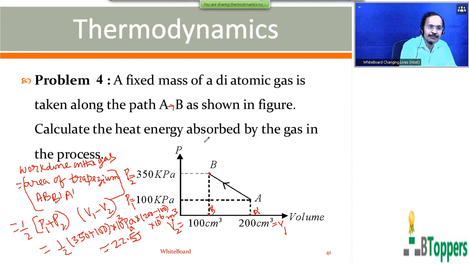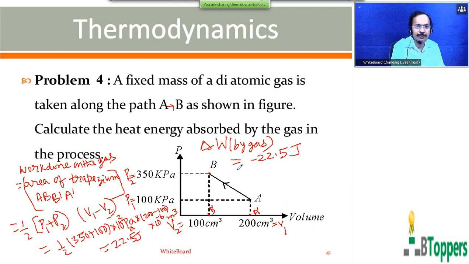So that is the work done on the gas. In the first law of thermodynamics, delta W is used for work done by the gas. Work done by the gas will be negative when the volume of the gas decreases. So minus 22.5 joules. Let us first find delta Q in terms of delta W, then substitute the given values.